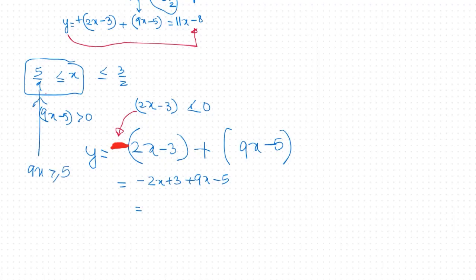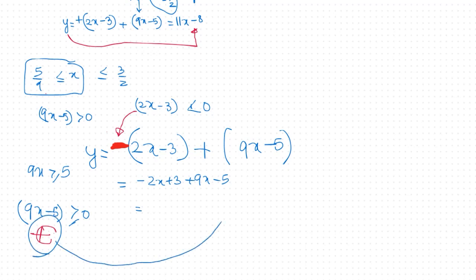From here. Yeah. So 9x minus 5 is what? Greater than or equal to or less than or equal to. Like this, right? So it is a positive sign. So therefore, 9x minus 5 opens up with positive. Okay. Yeah. Similarly, if you put Yes.